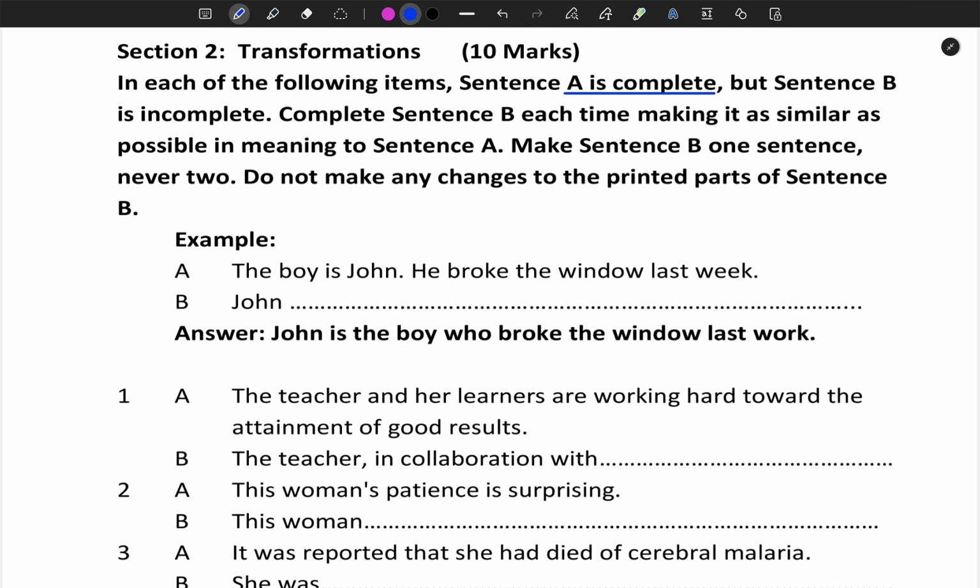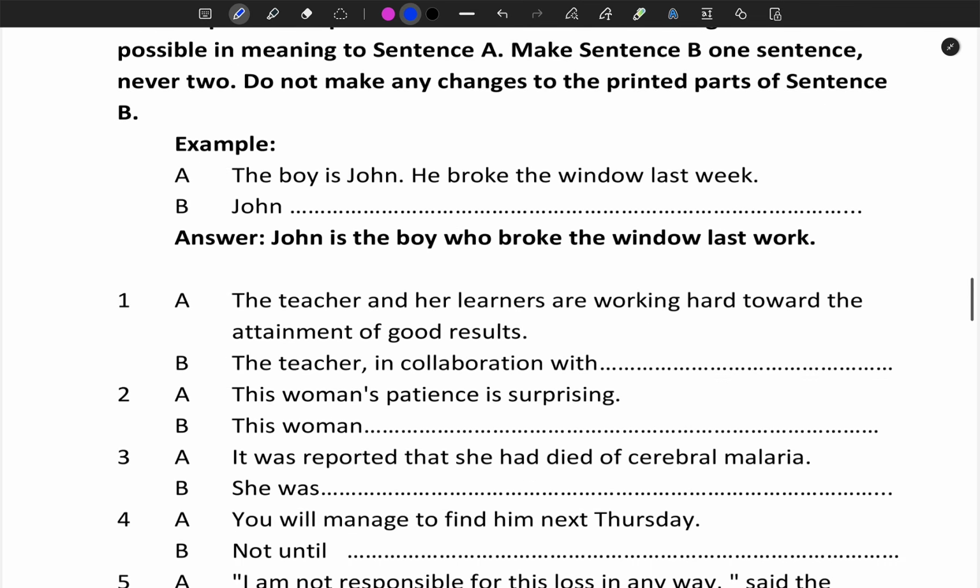So this means that you have to make sure that the meaning of what you're going to write is similar to the meaning of the first sentence. And never make a mistake of writing two sentences for sentence B. So even if sentence A has two sentences, your answer should always be in one sentence.